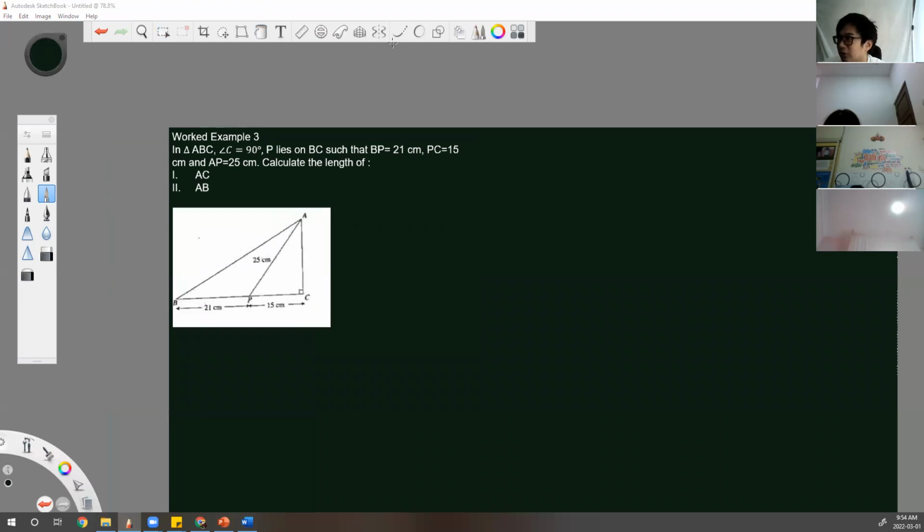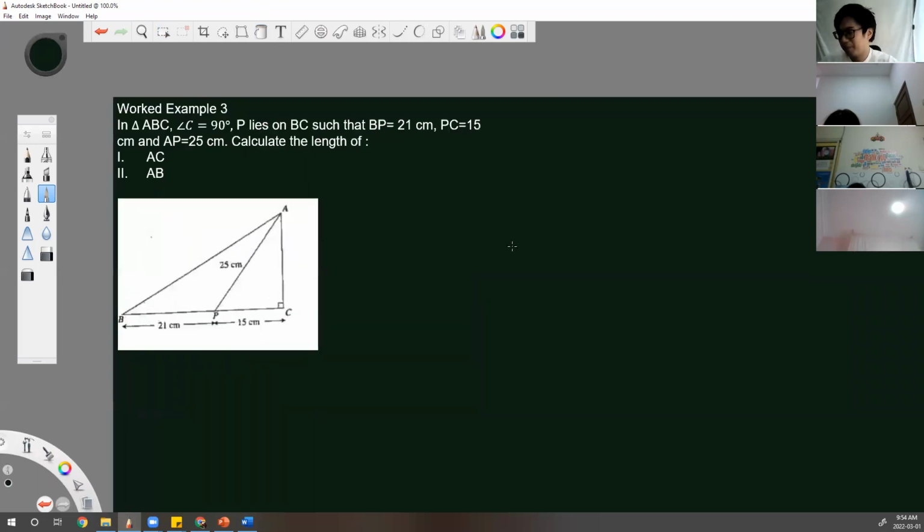P lies on BC such that BP equals 21, PC equals 15, as it is shown on the graph. Find AC. So if you are finding AC, there you go, this is AC.